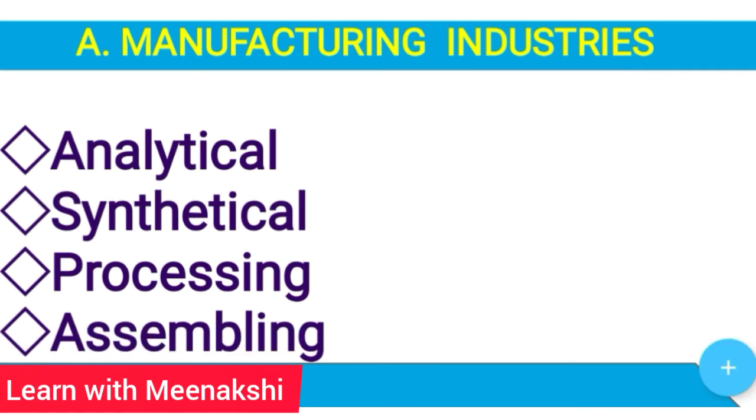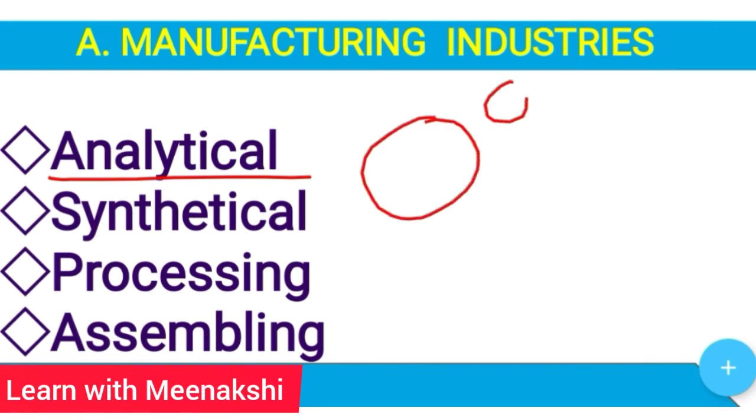Analytical industry. What is the meaning of analytic? Yes, analyzing. So this kind of industry analyzes the products and separates different elements from the same product. For example, this is one material. From this, they will separate different products, different elements.